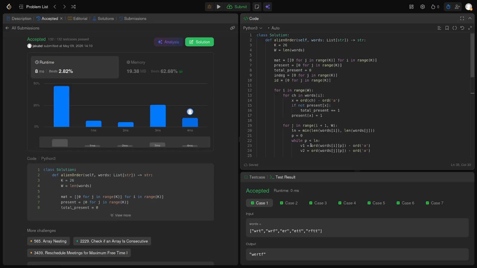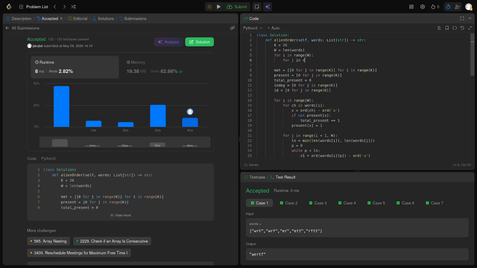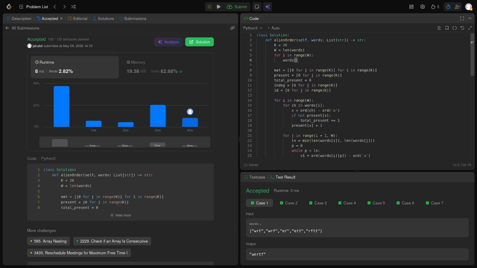I'm doing a lot of translations, so if I do like for I in range W, for J in range line words I, words I is equal to list map, and now this is like, so this is a lambda function.